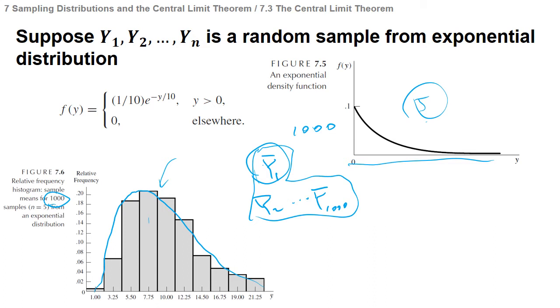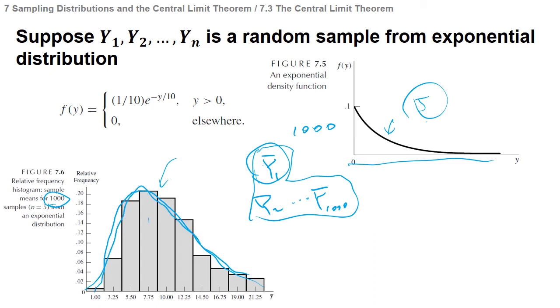It's a bit skewed, but it's much more bell-shaped than the original exponential distribution.